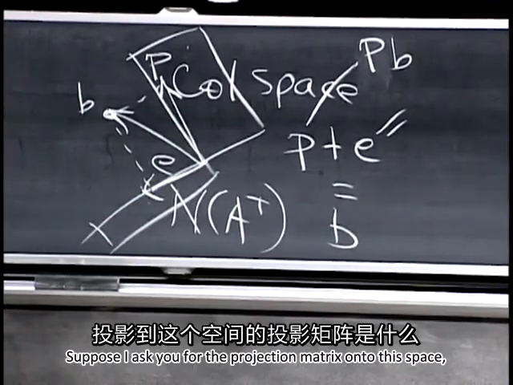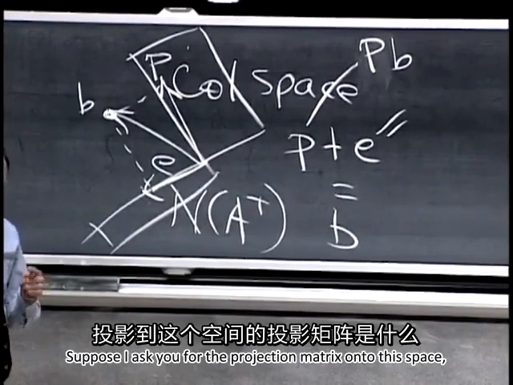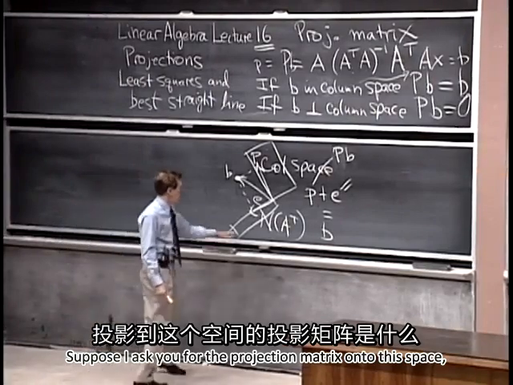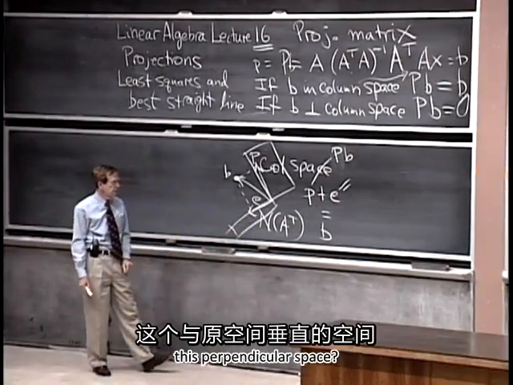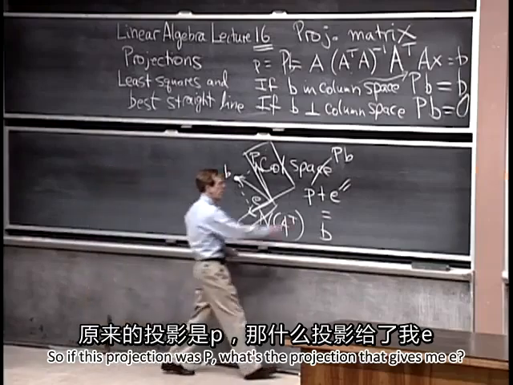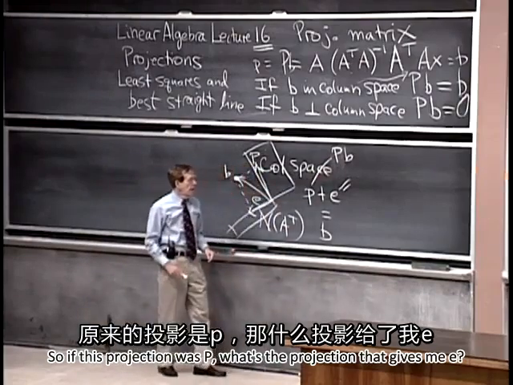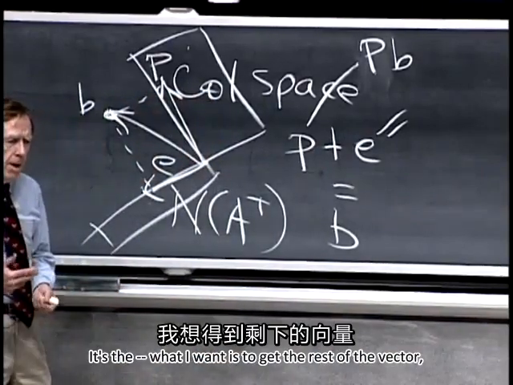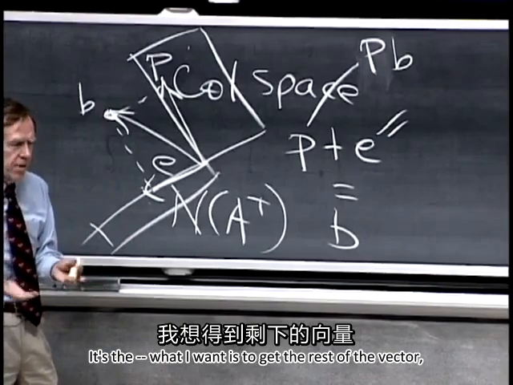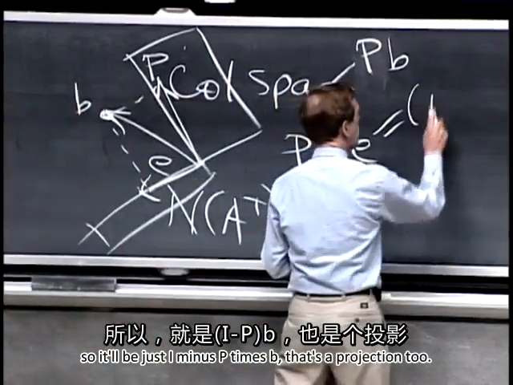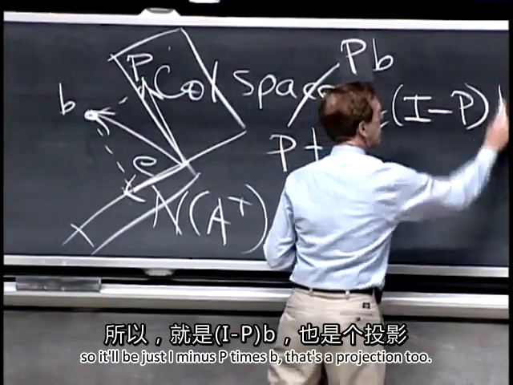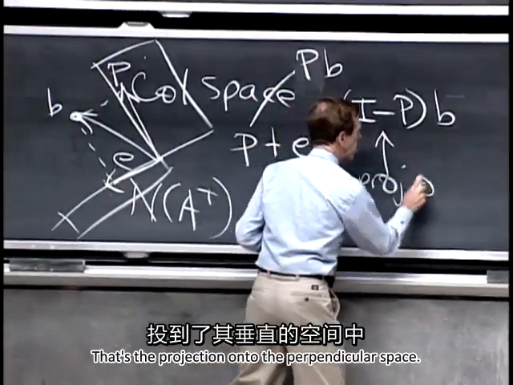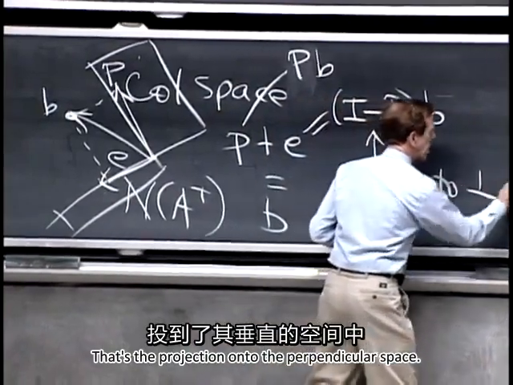Suppose I ask you for the projection onto this perpendicular space. So if this projection was P, what's the projection that gives me E? What I want is to get the rest of the vector, so it'll be just I minus P times B. That's a projection too. That's the projection onto the perpendicular space.